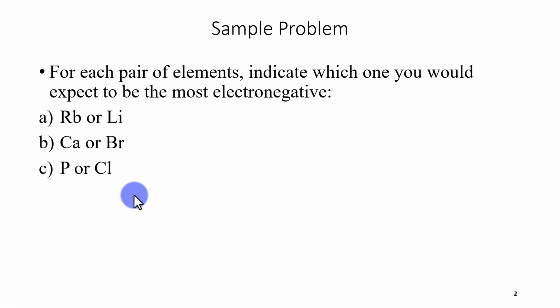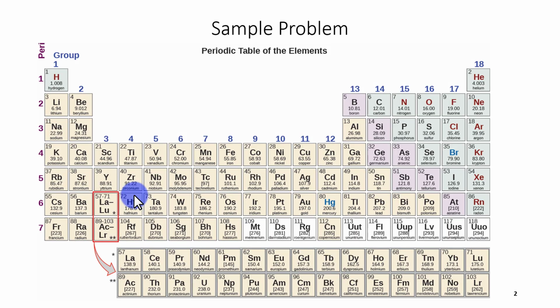So I'm comparing rubidium to lithium. And here's the periodic table. Where do I find lithium? Here's lithium right here, row number 2. And where do I find rubidium? I find rubidium right underneath it in row number 5. Now I can look the values up, but I also know the general trend that electronegativity values increase as I'm going from the bottom of a group up to the top of the group.